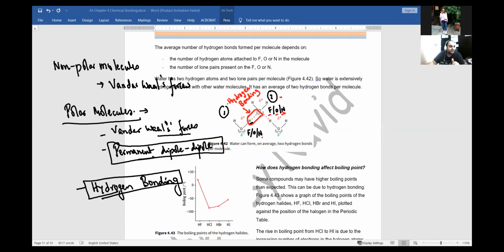They are the most electronegative elements. They are already pulling electrons of this hydrogen towards themselves, so hydrogen is deficient in electrons. To fulfill this, it takes electrons from the lone pair of another atom, which could be fluorine, oxygen or nitrogen.